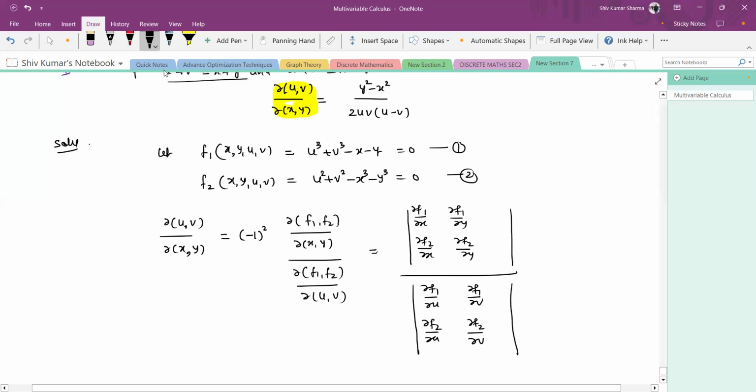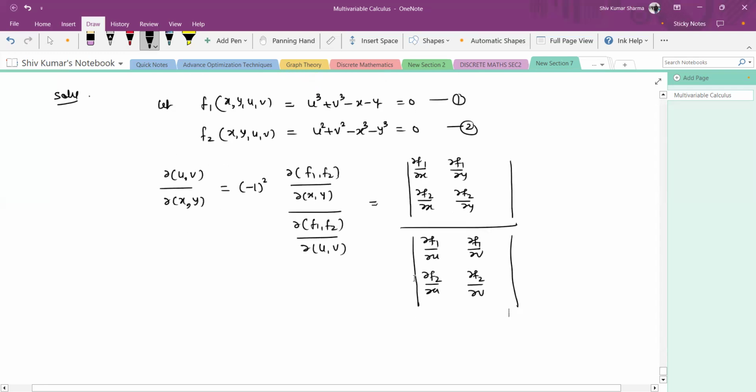Okay, so we solve this one. Del f1 upon del x: this is function f1, and when we differentiate with respect to x, we treat u, v, y as constants. So this is minus 1. Del f1 upon del y is also minus 1. Del f2 upon del x is minus 3x square. Del f2 upon del y is minus 3y square.